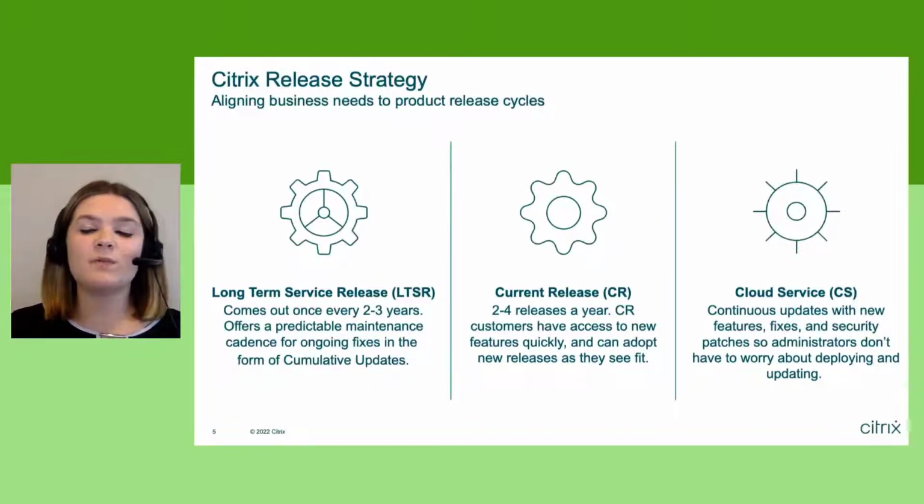And that offers more predictable maintenance with cumulative updates that are rolled up patches and bug fixes. But for those of you who want to get features on a more regular cadence and might still be operating on premises, we also offer the current release vehicle, which comes out, we target about quarterly, and you have access to new features and functionalities on that quarterly basis.